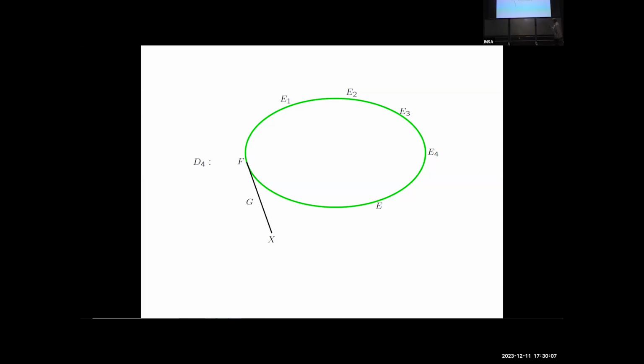I've got a cubic surface, which is actually the equation for D4. So I wrote down this equation for the versal deformation of the D4 singularity, and it turns out to be a cubic.